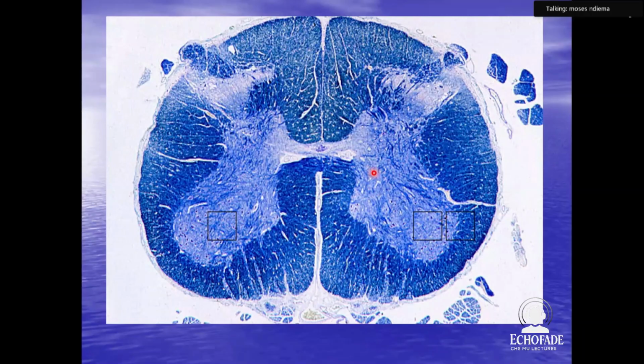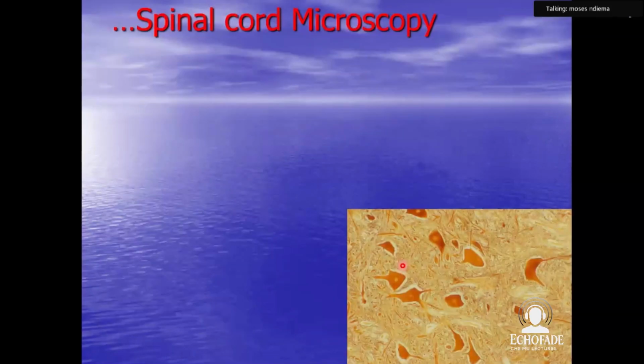And then the basal plate will have neurons supplying the skeletal muscles. In this area here, we normally have interneurons also connecting the sensory part to the motor part. We call them interneurons. So that's what we will be looking at shortly.